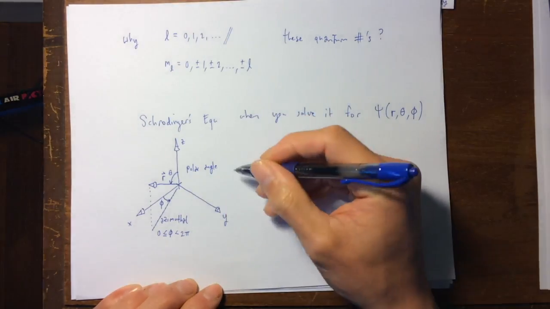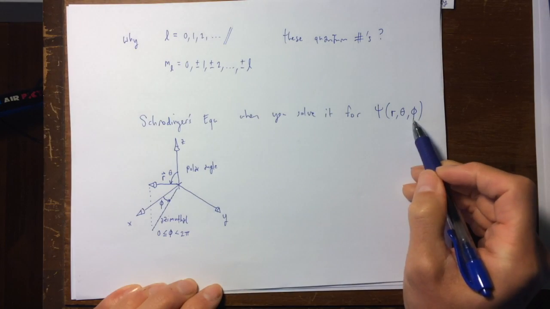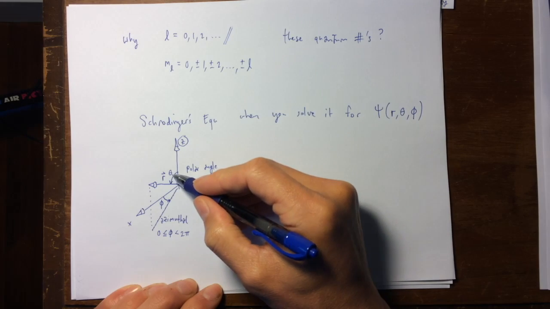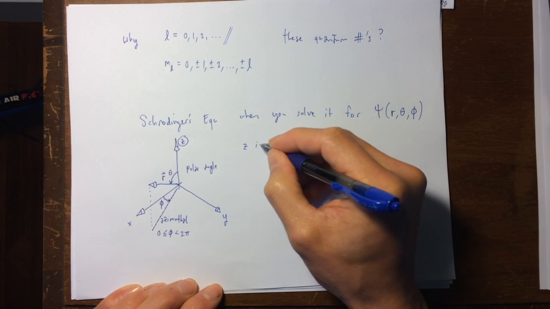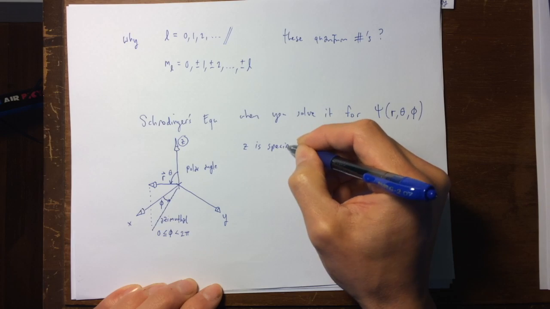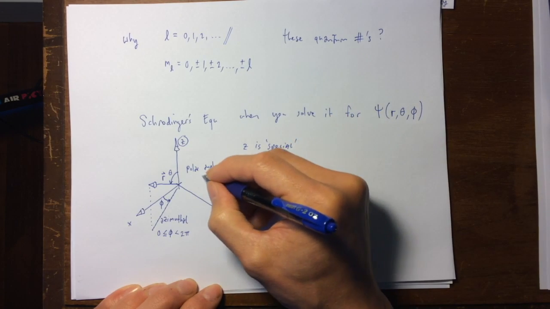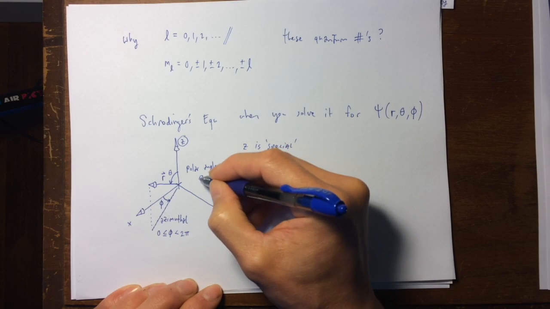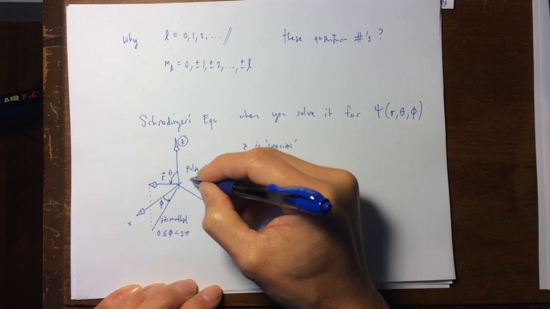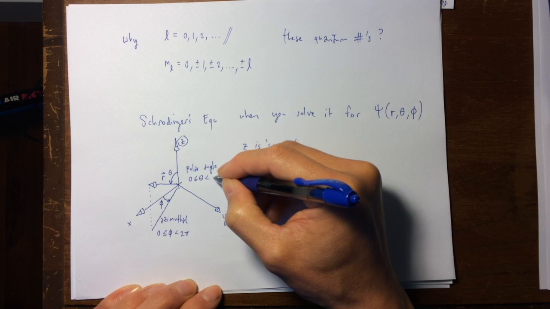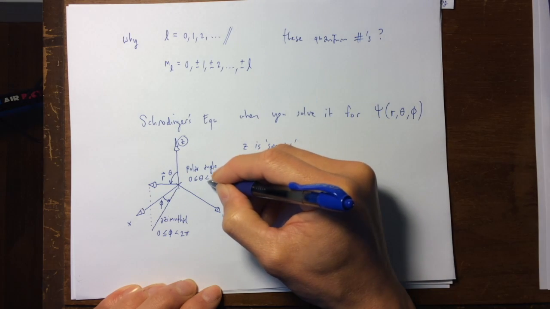And you can see, because our coordinate system matches z with the polar angle, z is special. Also the polar angle theta has a boundedness as well. It's greater than or equal to 0, less than or equal to pi.